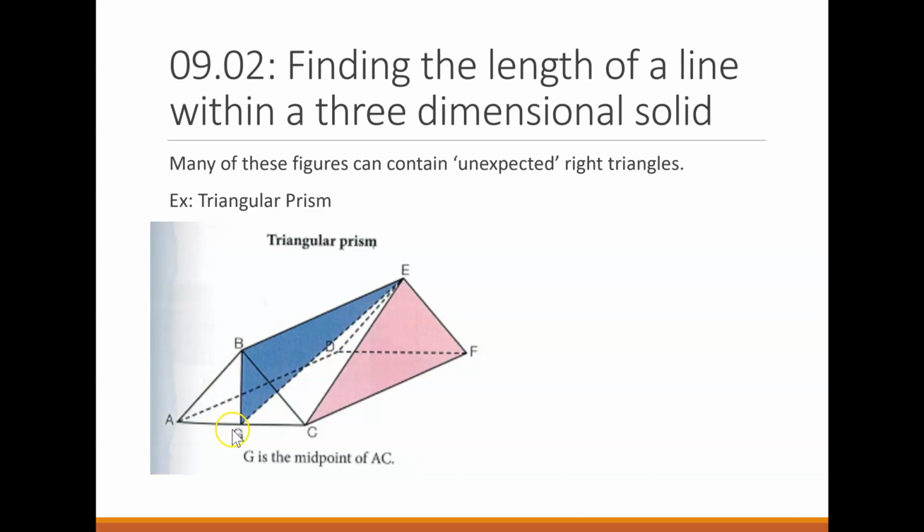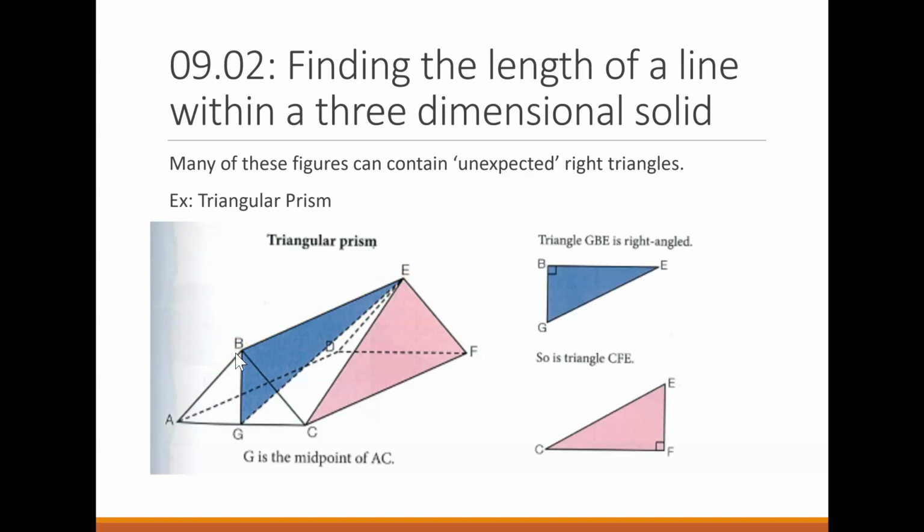And again, we know it's a right angle at B because the segment BG is a segment inside of the base of our prism. BE is a height for the prism, and I know that the heights are perpendicular to the faces. So I know that angle B in the blue triangle is also a right angle.